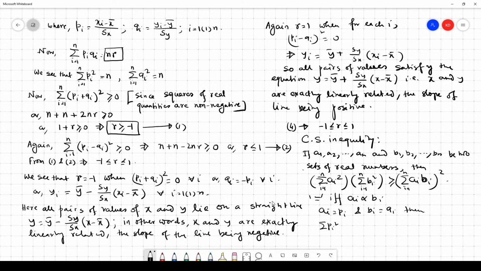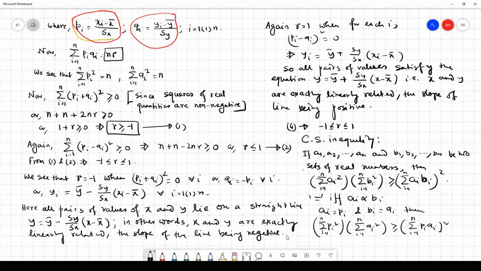I already defined pi. pi is xi minus x bar by Sx, and qi is yi minus y bar by Sy. So if I take ai equal to pi and bi equal to qi, then the sum of i from 1 to n pi square times the sum of i from 1 to n qi square is greater than or equal to the sum of i from 1 to n pi qi, whole square.